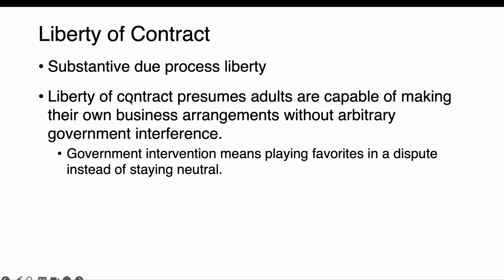Now, in the context of business, government staying neutral means really free market capitalism without even the most basic bits of government oversight that we expect today. But that's how the justices treated the Constitution from the beginning of the 1900s through 1937: the state government needs to be hands off. Otherwise, they're playing favorites and undermining the maturity of people who, if they're adults, should be able to make these decisions without the government telling them what their business is.